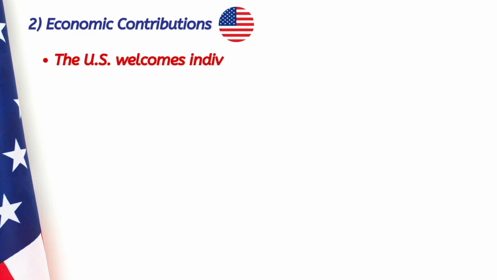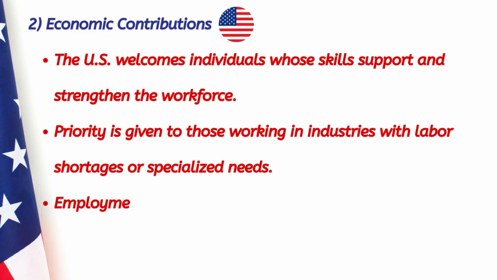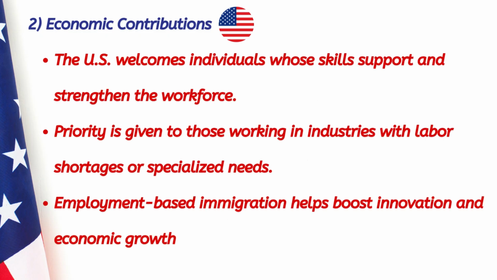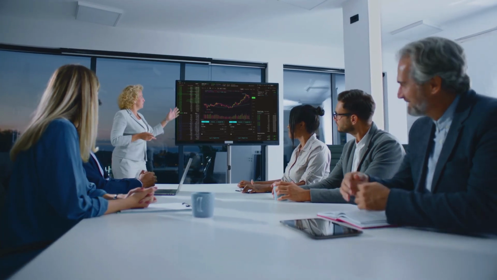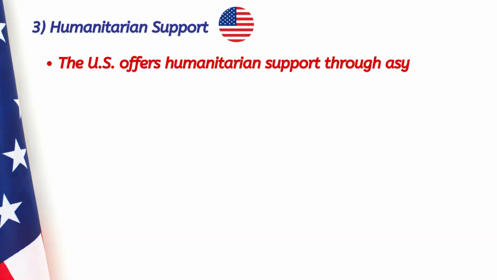Number two, economic contributions. Individuals with skills that support and strengthen the US workforce are welcomed, particularly in industries where there are labor shortages or specialized needs. Number three, humanitarian support.